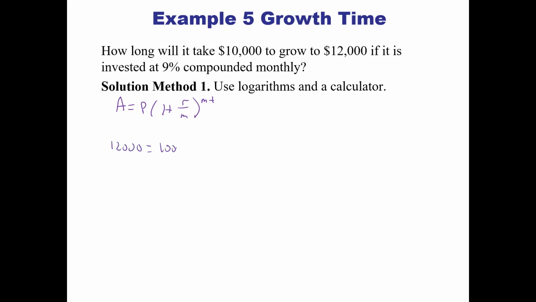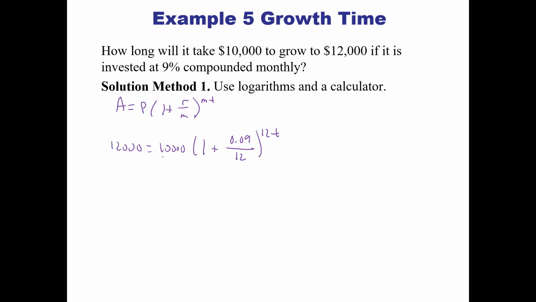Current value is 10,000. And then that's times 1 plus r over m. Well, 9%, so that's 0.09. Monthly, that's going to give us a 12. Then we'll have 12t, and how long it's going to take, that's what we are looking for, t. So what we need to do is solve for t.